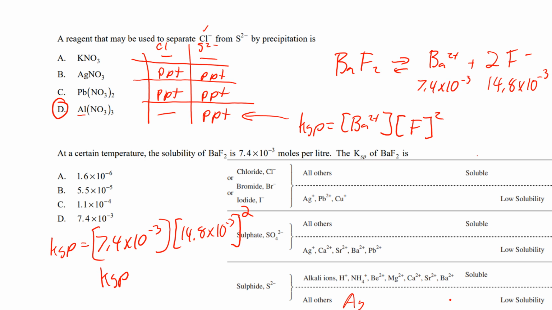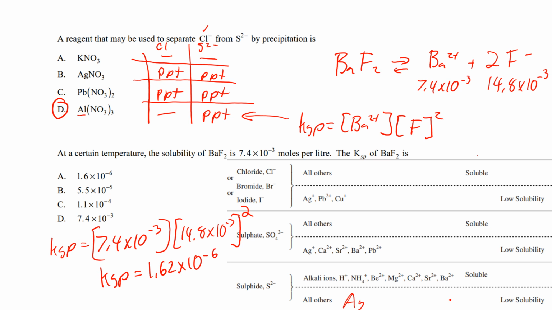Do that on my calculator. 7.4 times 10 to the minus 3 times 7.4 10 to the minus 3 equals 1.62 times 10 to the minus 6.